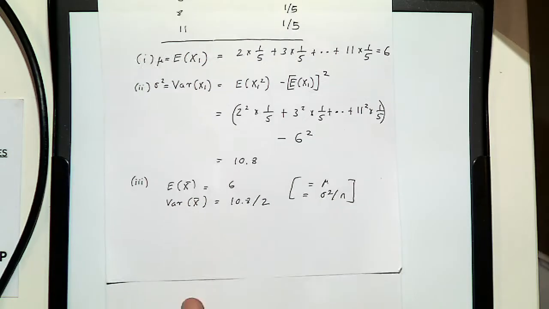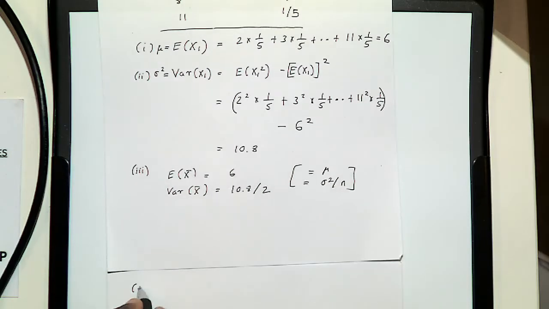Let me show you the long way. The long way is to write down all the possible pairs that you can have when you draw with replacement. Remember, you're doing it with replacement.